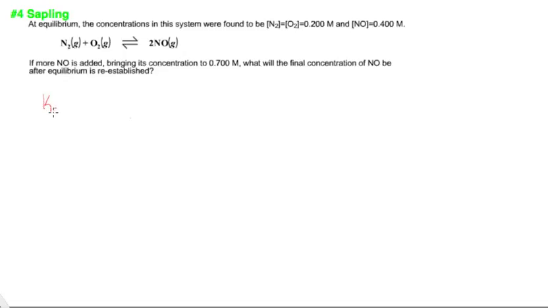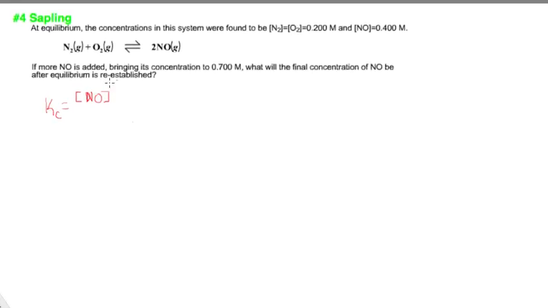what the equilibrium constant is. So the formula for the equilibrium constant is K equals NO squared divided by the concentration of N times the concentration of O. There's a 2 here.